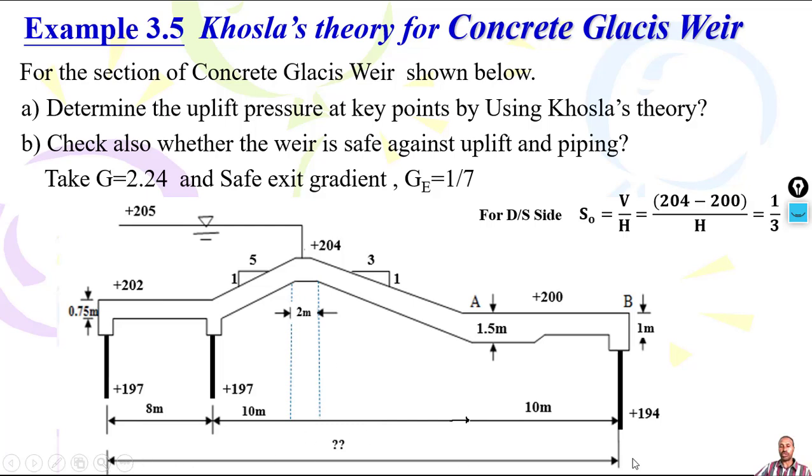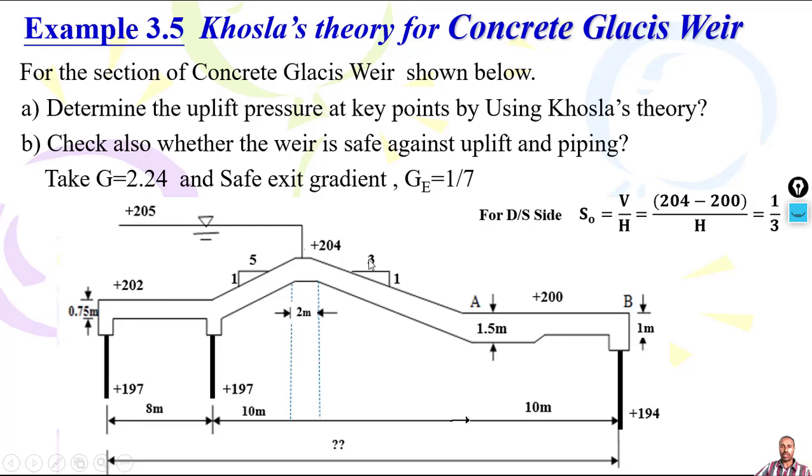The total floor dimension is not given. You can see you have 8 meter between the upstream and intermediate pile, and you also have a horizontal floor dimension of 10 meter, and the others are not given. If you have slopes 1 to 5 and 1 to 3, you can find the horizontal distance of the sloping floor. For the downstream floor, we know that slope is vertical over horizontal.